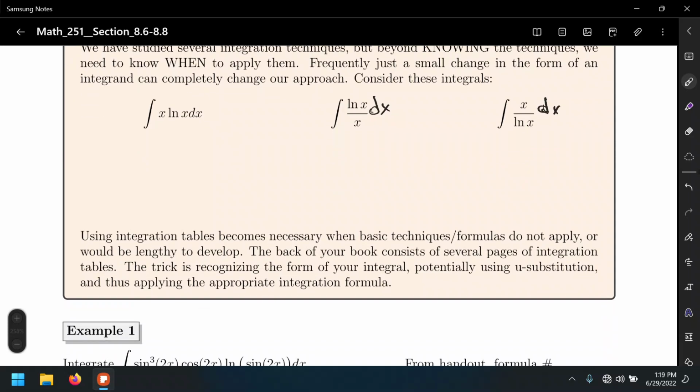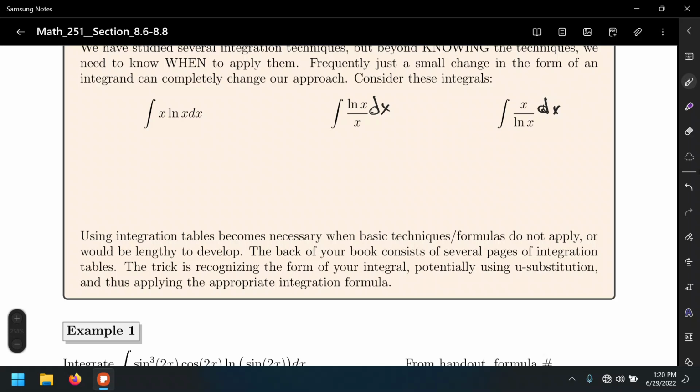If we look at these integrals right here, the three of them look somewhat similar. For the first integral, x ln x, that's an integral that we did in section 8.2, when we covered integration by parts.